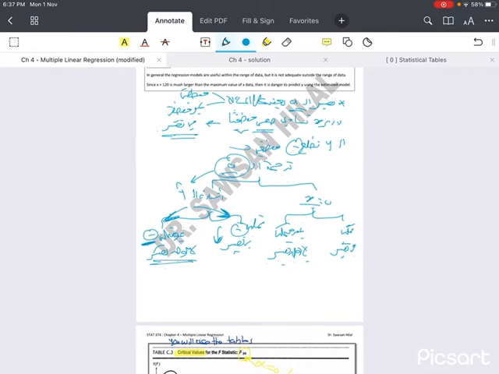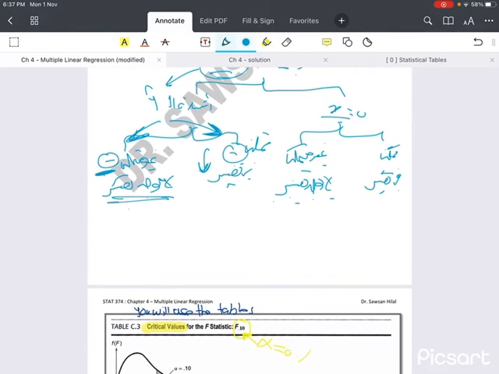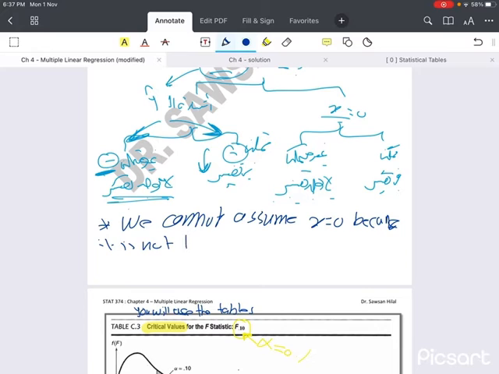Okay, we will check our exercise. Our exercise says we cannot assume x equals 0. Why? Because it is not logical.